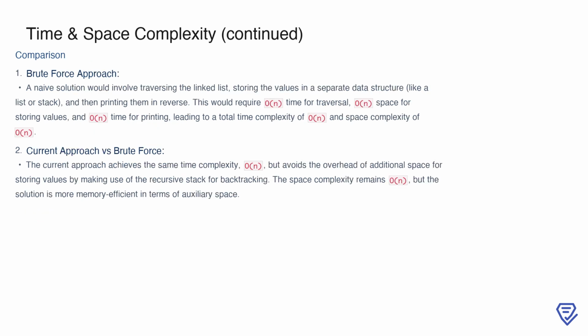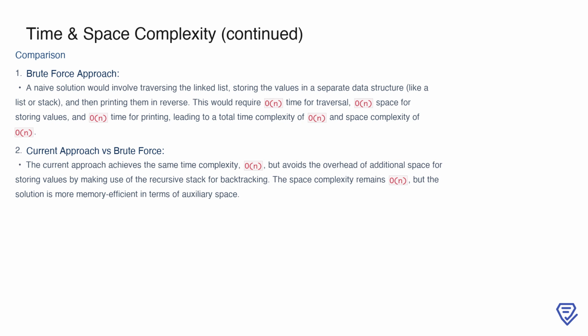To put this solution in perspective, let's compare it to a brute force approach. A naive method would involve traversing the linked list while storing all the node values in a separate data structure, like a list or stack. After storing the values, you would then print them in reverse order. While this approach also requires O(n) time for traversal and printing, it introduces an additional space requirement of O(n) to store the values.